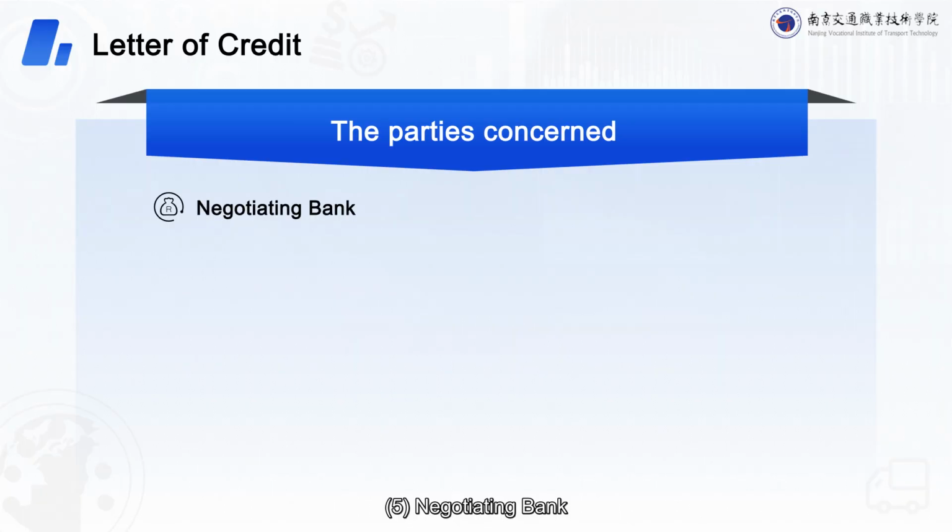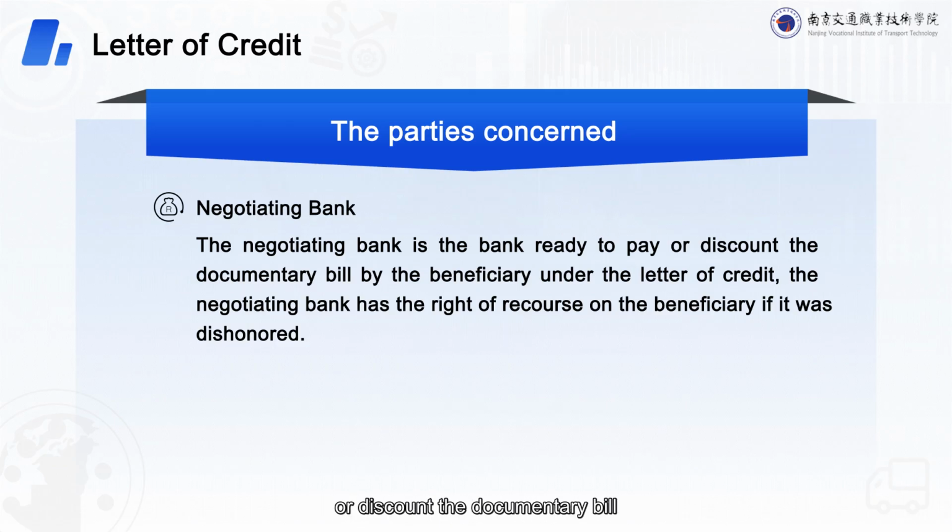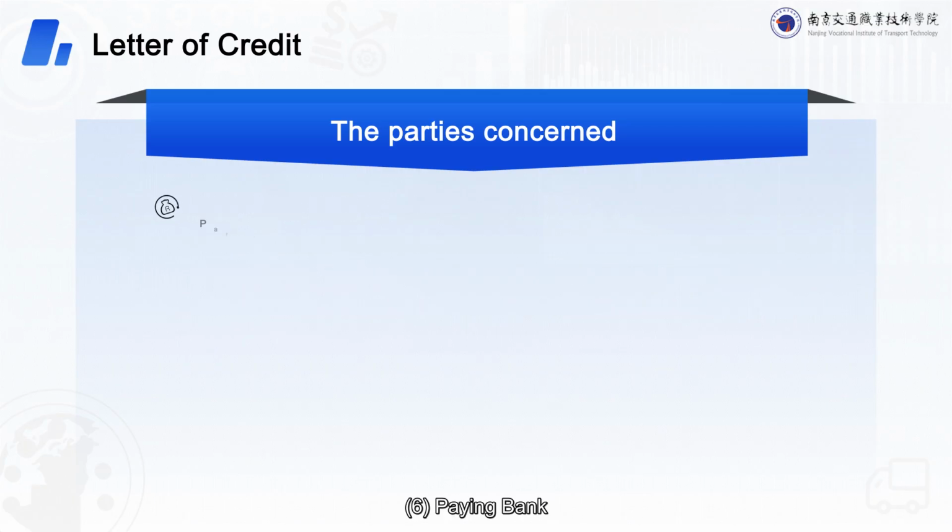5. Negotiating bank. The negotiating bank is a bank ready to pay or discount the documentary bill by the beneficiary under the letter of credit. The negotiating bank has the right of recourse on the beneficiary if it was dishonored. 6.